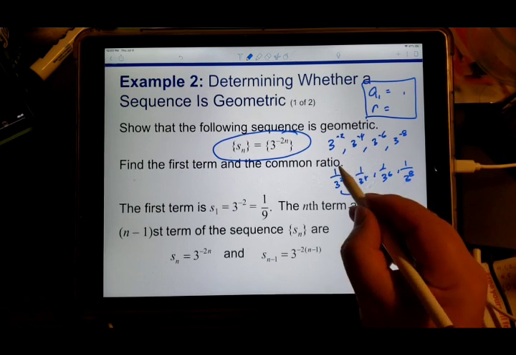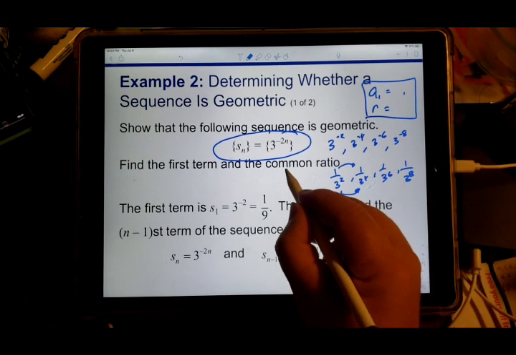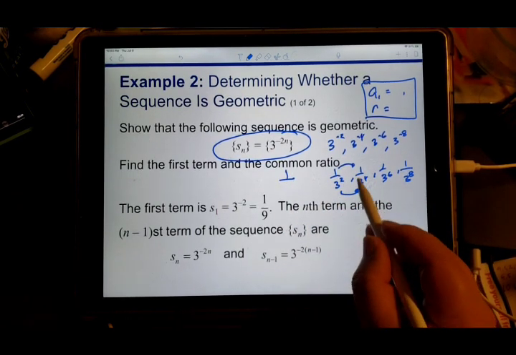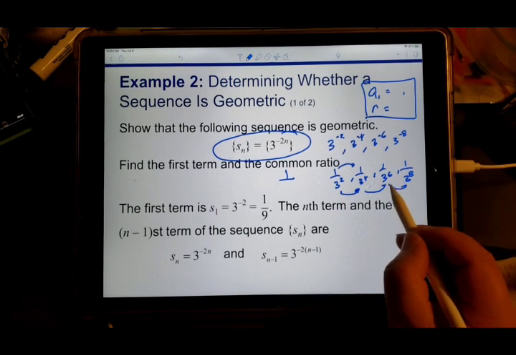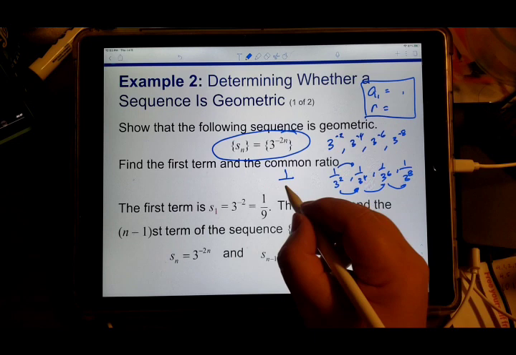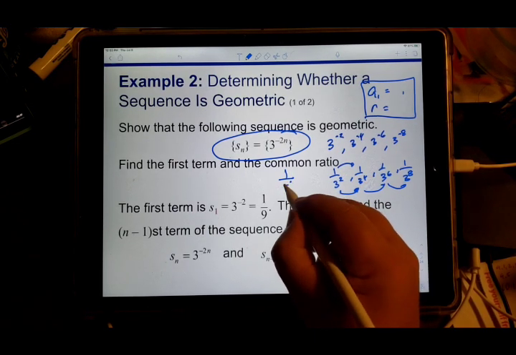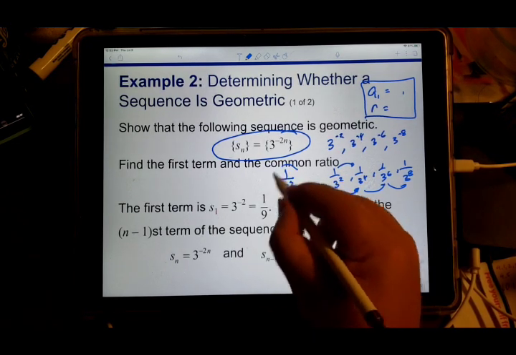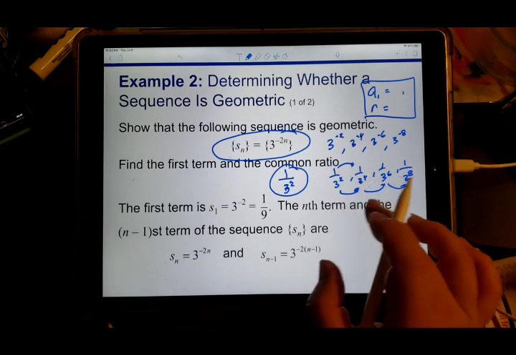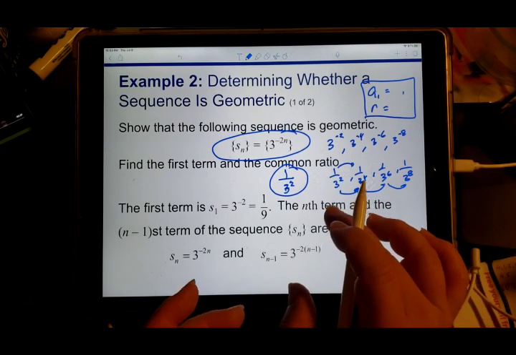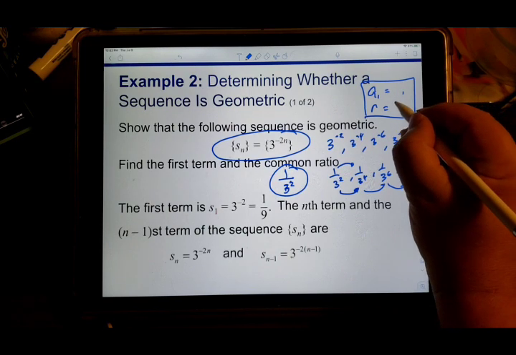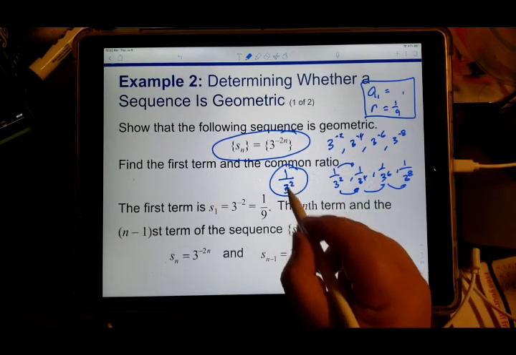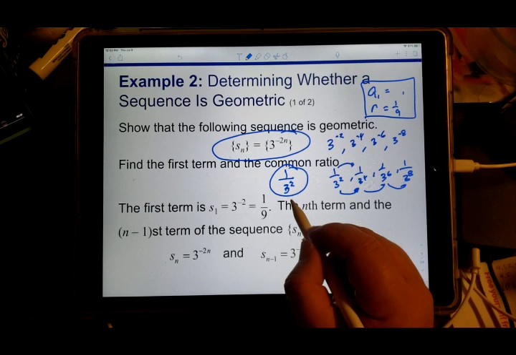The numerator doesn't change, so I'm multiplying by the fraction 1 on the top, but the denominator each time increases by 3 squared. So my analysis, just by making the list and looking at it, is R is 1 over 9, or 1 over 3 squared.